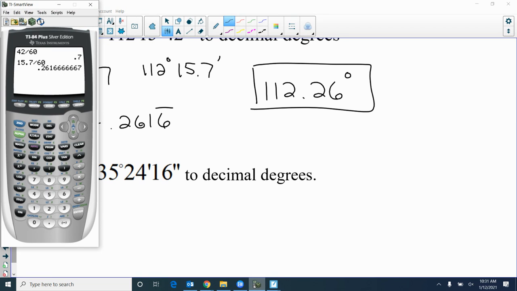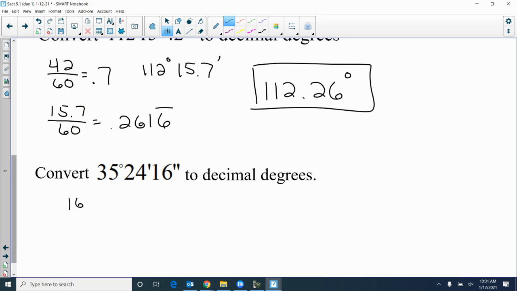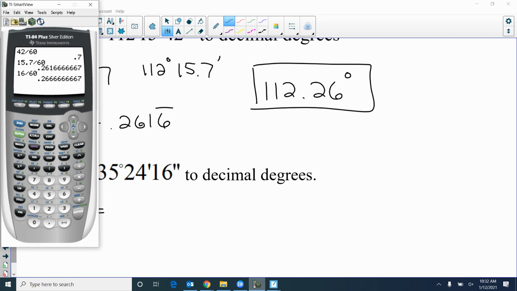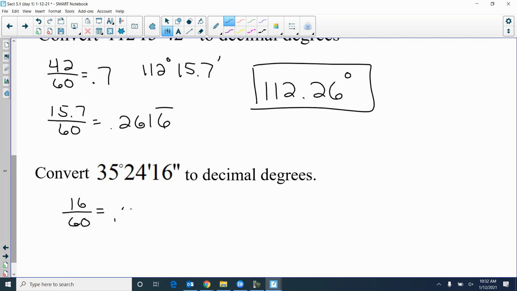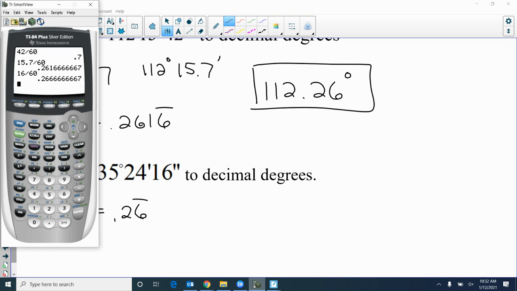Now, when I do 16 divided by 60, okay, this is that case. I don't want to round that off. So 16 divided by 60, 0.26 repeating. So just hit plus 24.